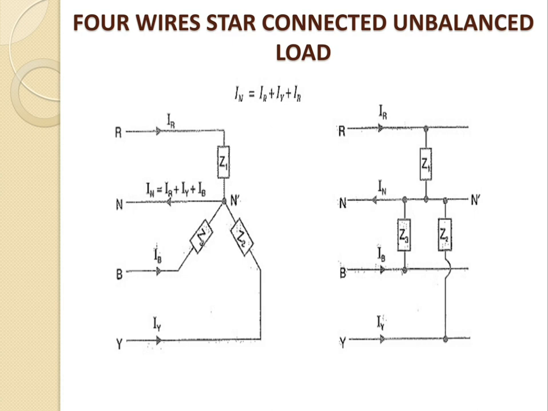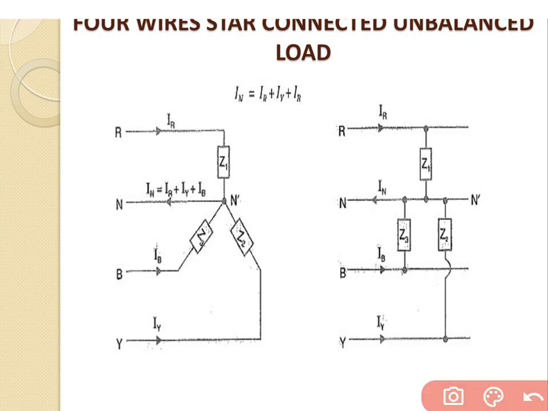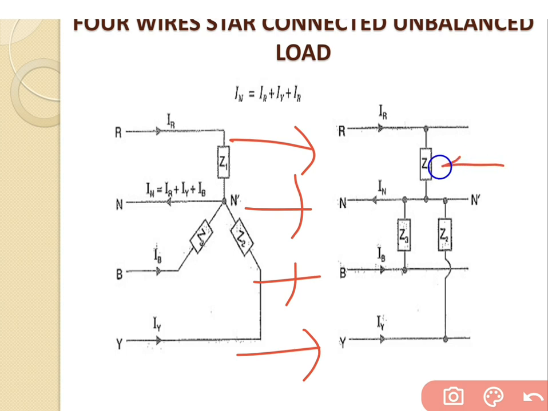Now the second category, which again has a 3-phase 4 wire system: R, then neutral, then B and Y. Here again for the individual phases, the current flowing in the R phase is IR, the current flowing through the neutral is IN, the current flowing through the B section is IB, and the current flowing through the Y section is IY. Again there are 3 loads, Z1, Z2 and Z3, connected with the 3-phase 4 wire system.